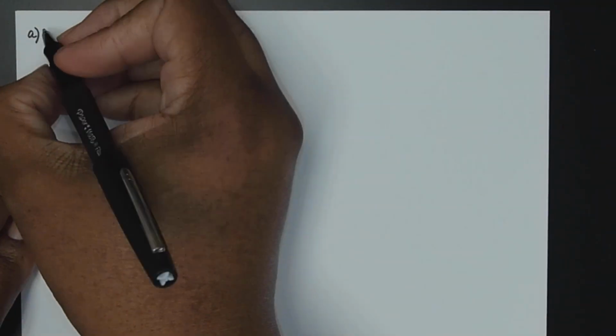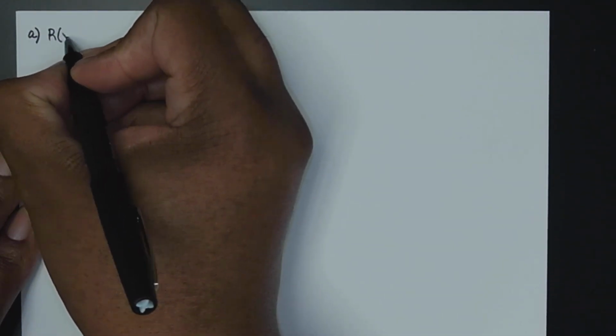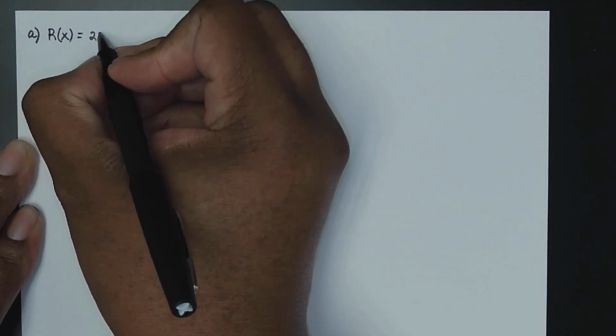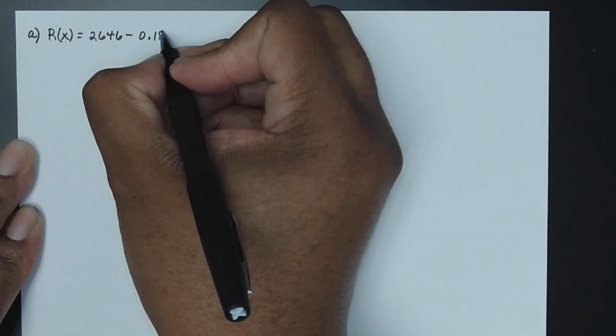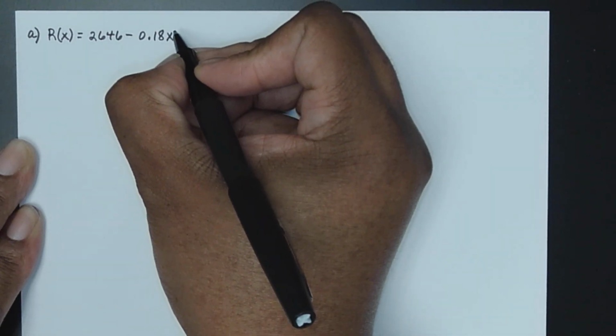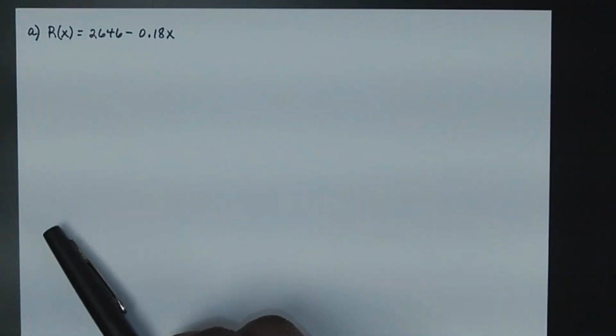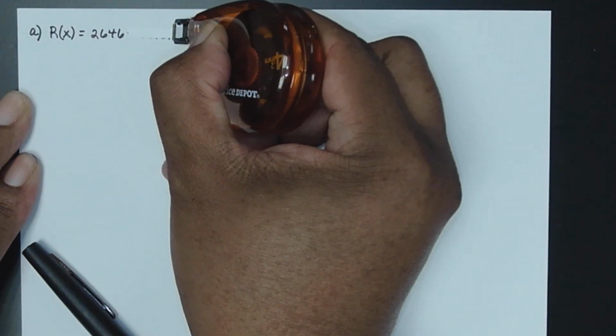we have the function R of X equaling 2,646 minus 0.18 x squared. Oh, I'm sorry. R of X. I was copying down the price function.